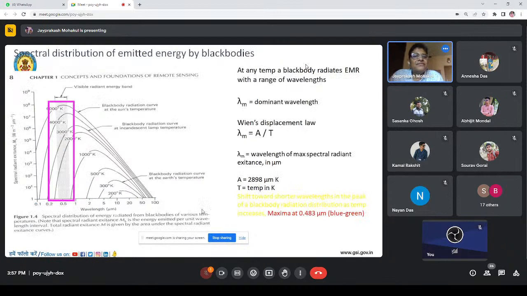Now, spectral distribution of emitted energy by a black body. Have you heard of something called a black body? There is no black body on the surface of the earth, a body that absorbs all light.